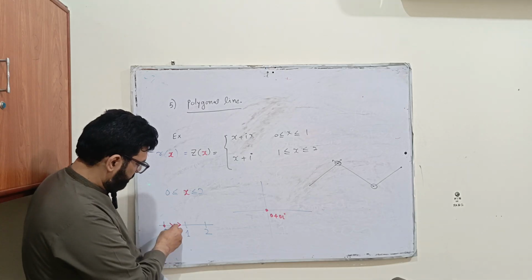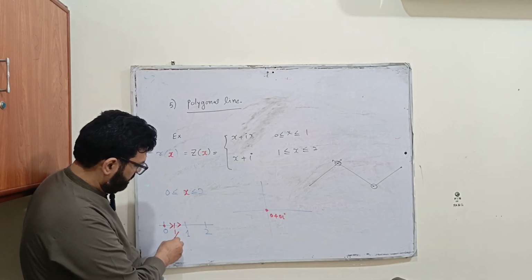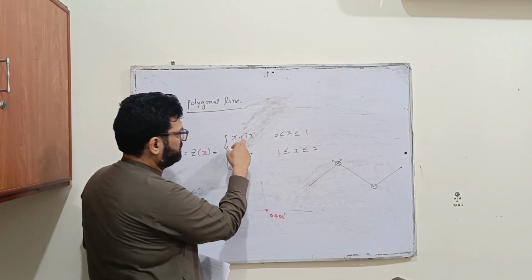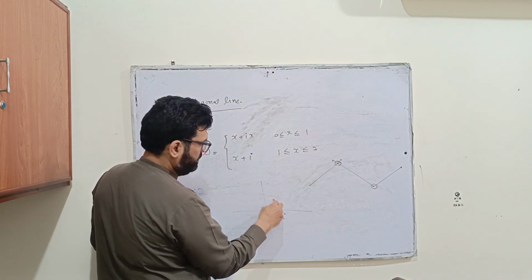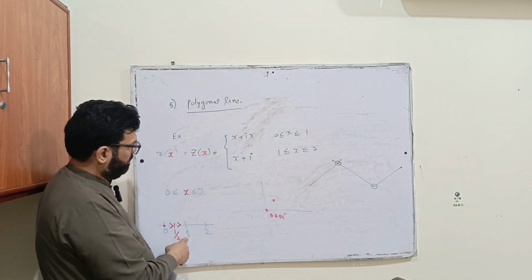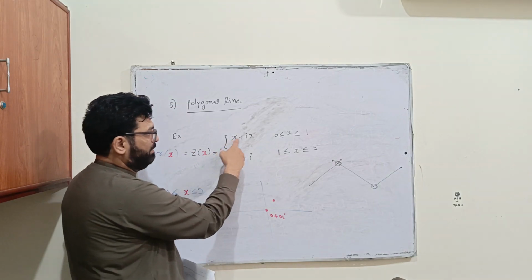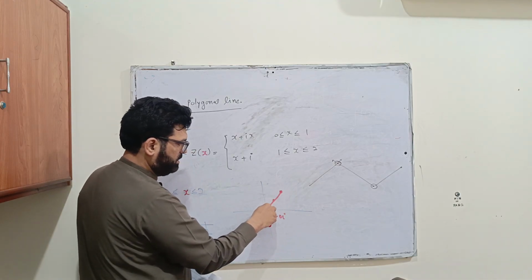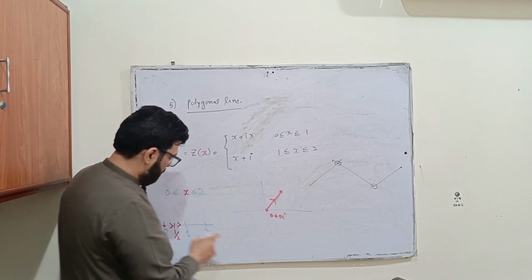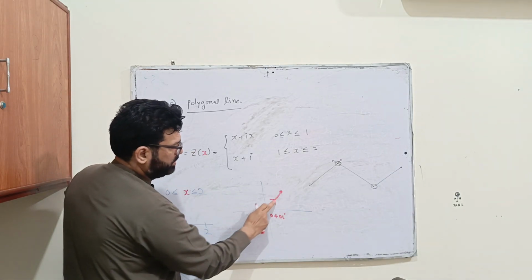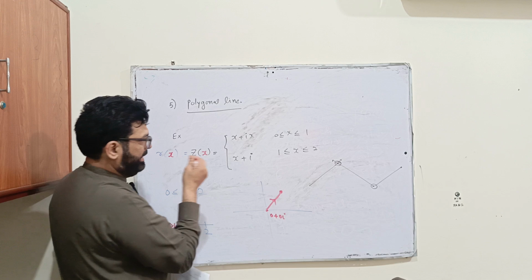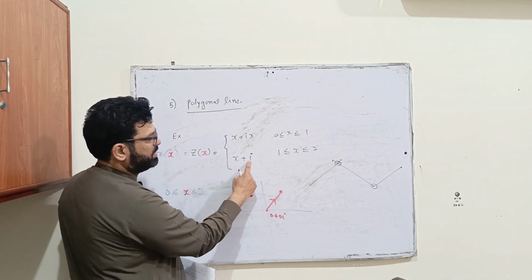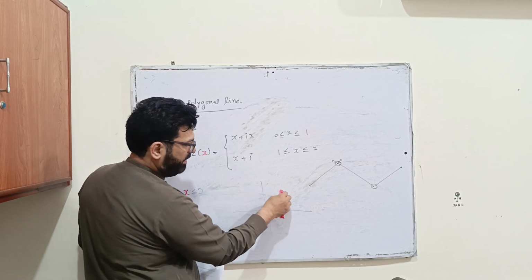And when x is 1 by 2, z of 1 by 2 is 1 by 2 plus iota times 1 by 2, this point, and when it is equal to 1, you have 1 plus iota 1 is this value. So you get this line. For this part you travel along this line, and at 1, z of 1 is 1 plus iota, the same point here.